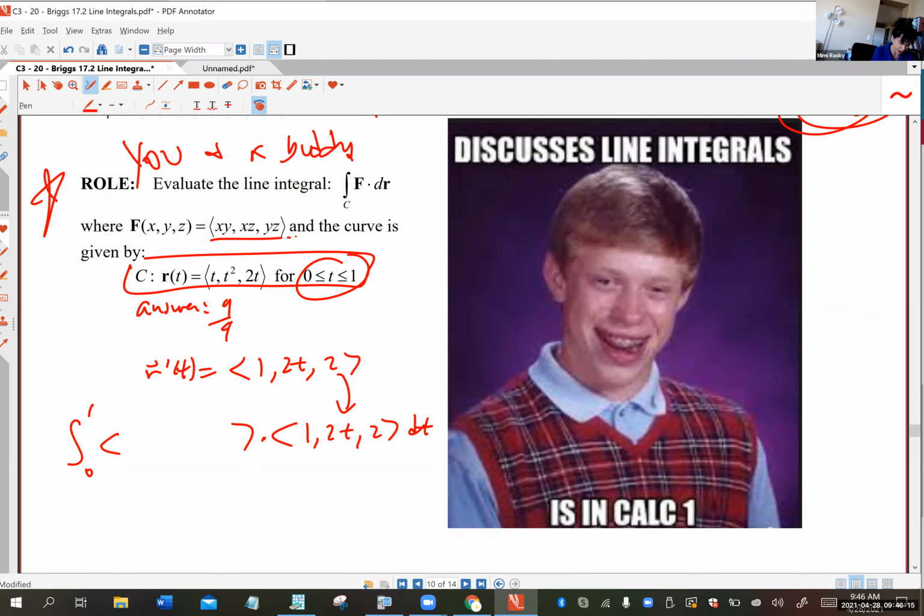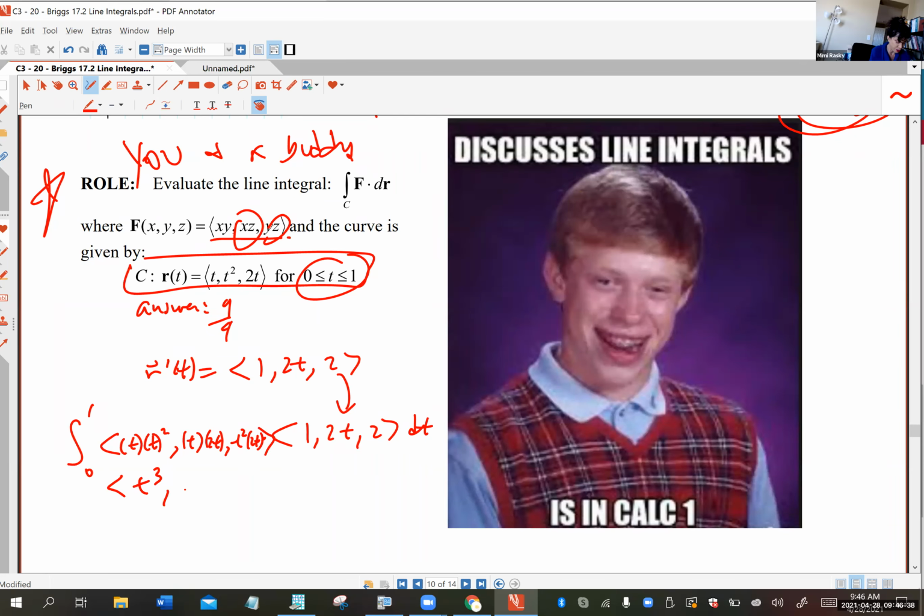So the xy will be t squared. And then xz will be t times 2t. And then yz, I'm substituting t squared for y and then 2t for z. Okay, that's a big mess. Let me clean that up.